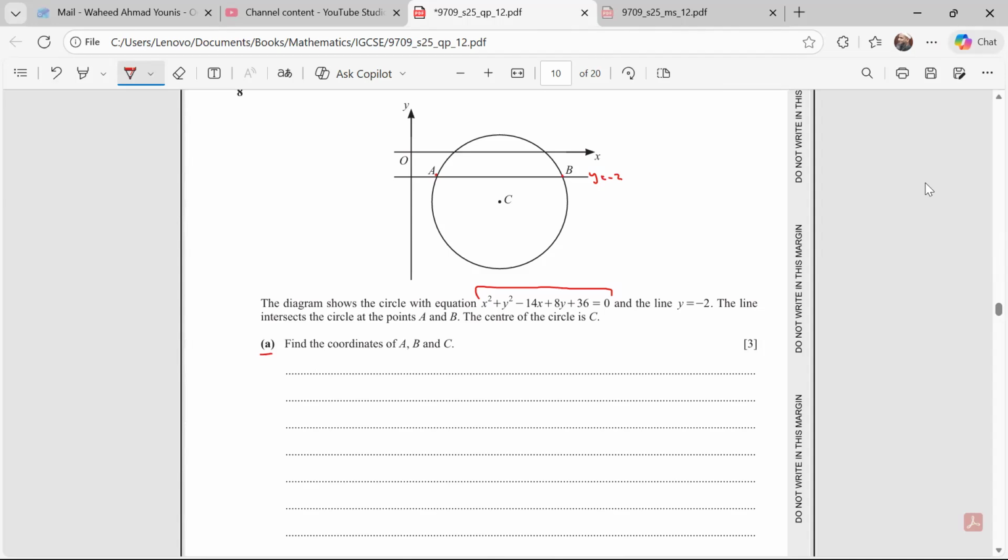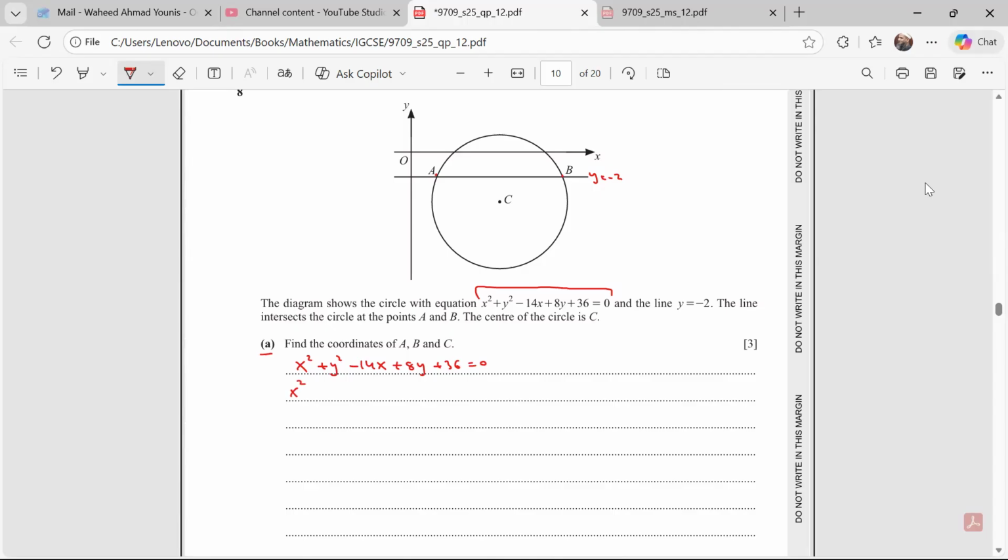So I will rewrite the equation of the circle: x squared plus y squared minus 14x plus 8y plus 36 equals 0. I will try to complete the squares in x and y. Let me rearrange the terms.